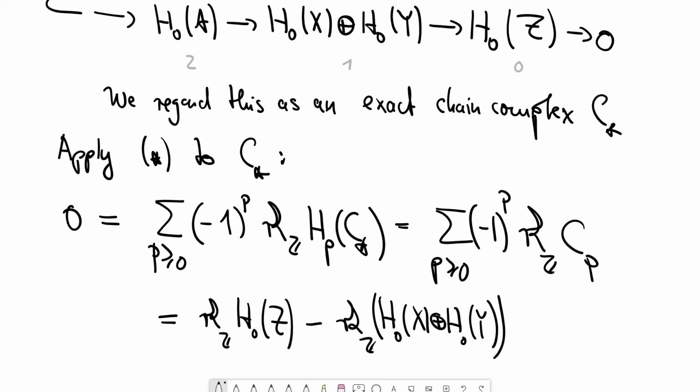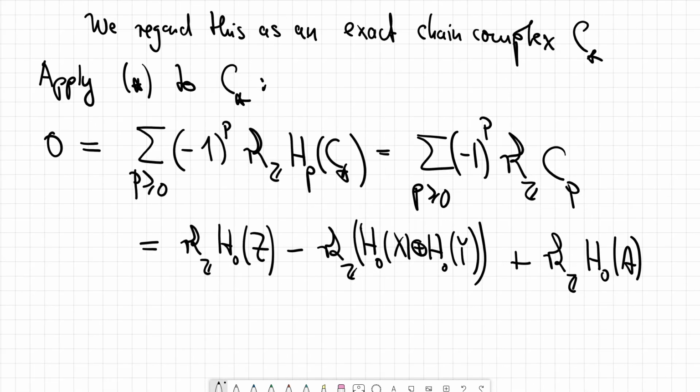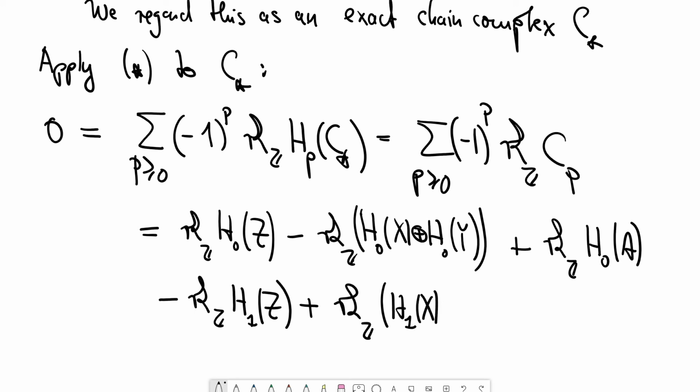That's of course just the sum of the ranks, plus the rank of H0a, and then so on and so forth, minus the rank of this plus the rank of the sum of H1x and H1y.